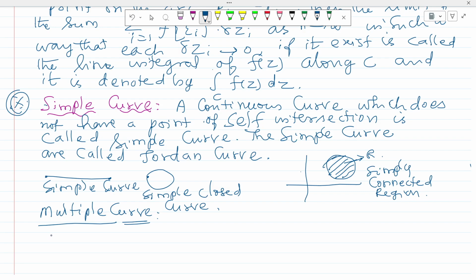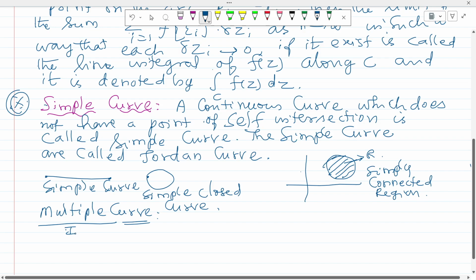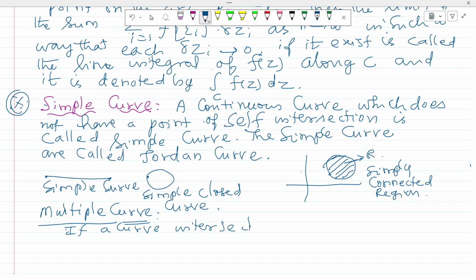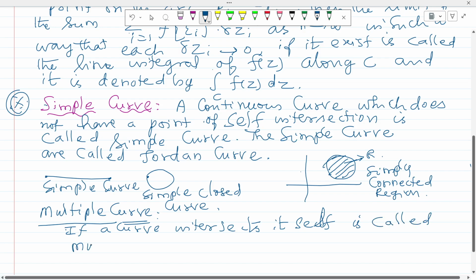That means if a curve intersects itself, it is called a multiple curve.